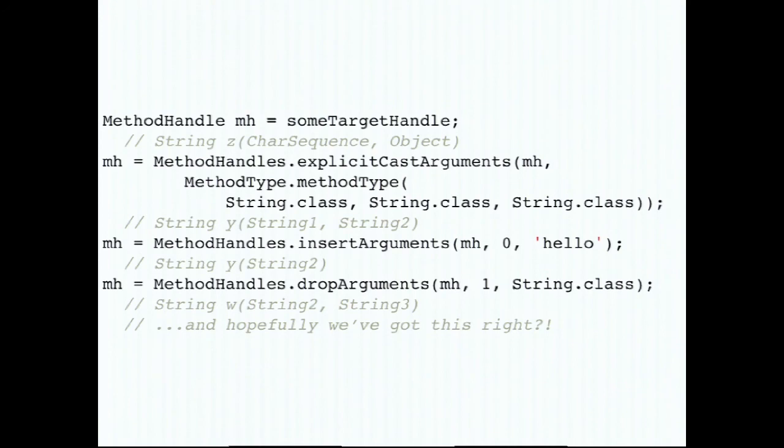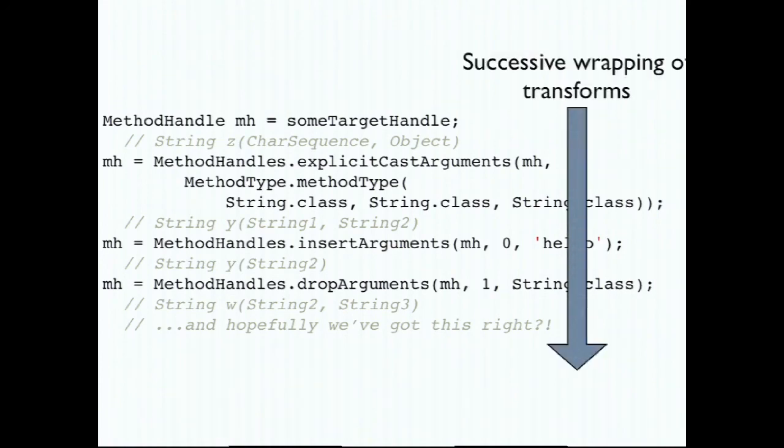So what we actually want at the end is a method that takes two strings. One of them has already been put in there. We want the second one to be dropped, use the first argument, and eventually return a string result. It's very difficult to kind of internalize how that's working. You can read backwards, but it still feels a little bit weird. So we have successive wrapping of transformations. It's very functional, but it's also very difficult to follow sometimes.